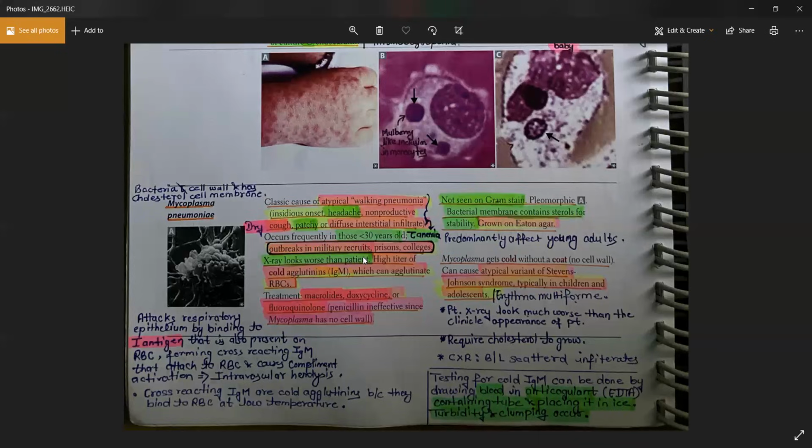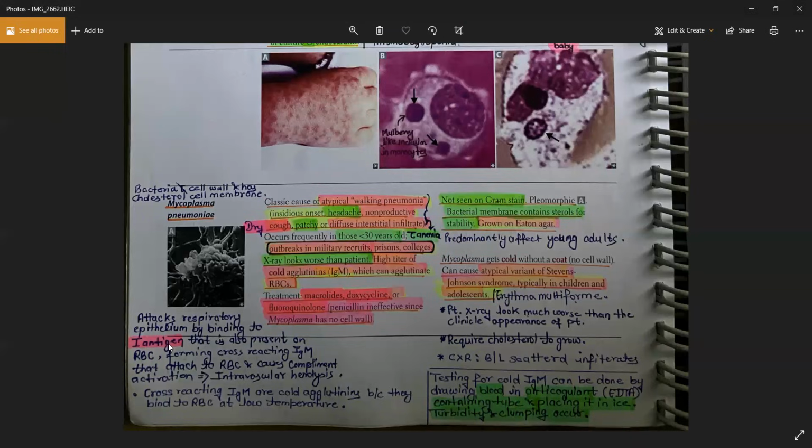And they will also get a very high titer of cold agglutinins, which are IgM. These IgM antibodies are formed against Mycoplasma pneumoniae, and there is an antigen known as the I antigen, which is found on Mycoplasma pneumoniae. And what happens if this antigen is also found on the RBC?